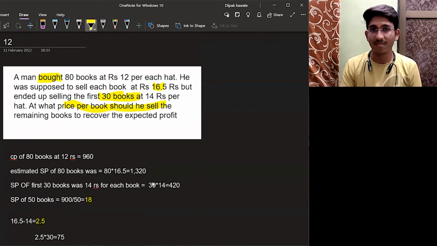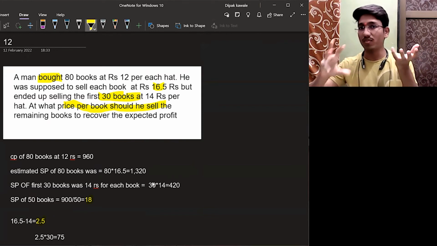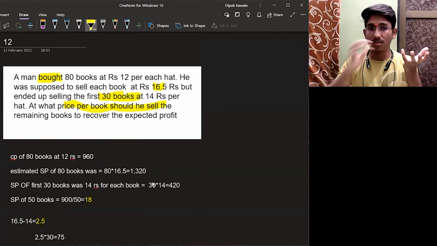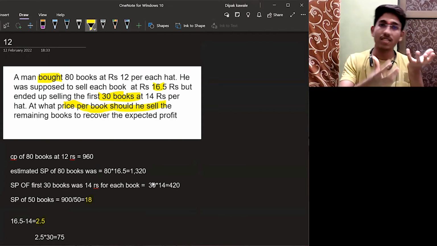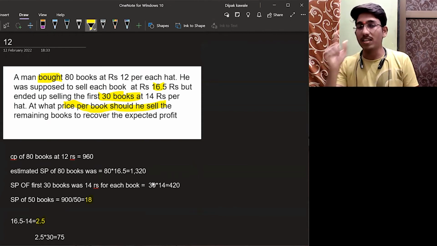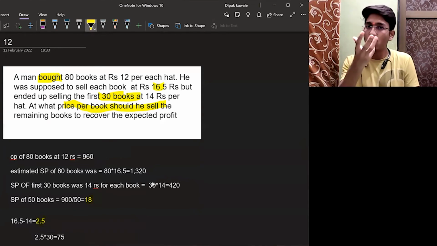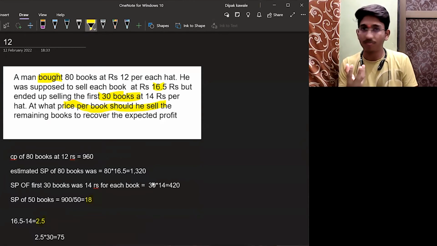I will repeat. Sir, I have estimated 16.5, but I have sold the first 30 books at 40 rupees. That means I am getting 2.5 rupees less for 30 books. Sir, 30 multiplied by 2.5 is nothing but my 75. So 75 is my total less amount I have got.